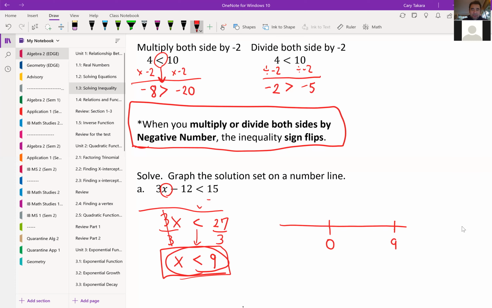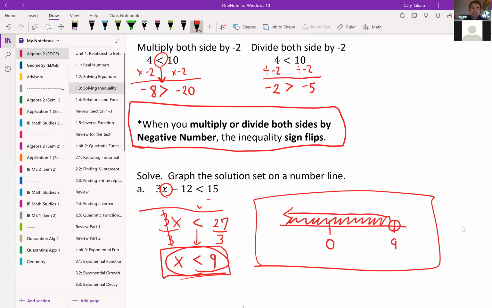And then to indicate the solution, you can indicate your solution as a number line set. It tells you that the solution is all less than 9, okay?